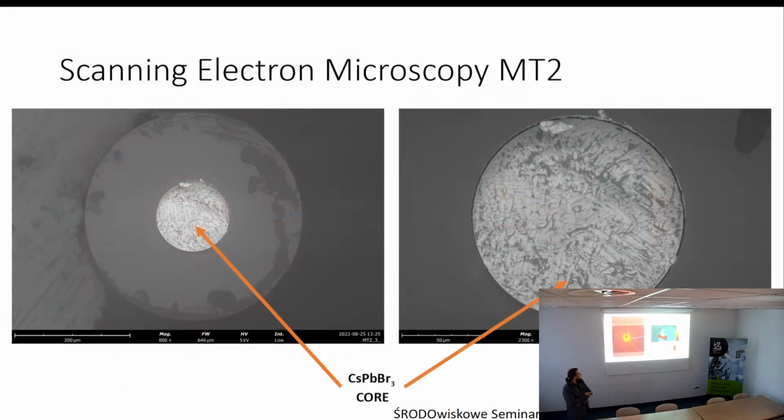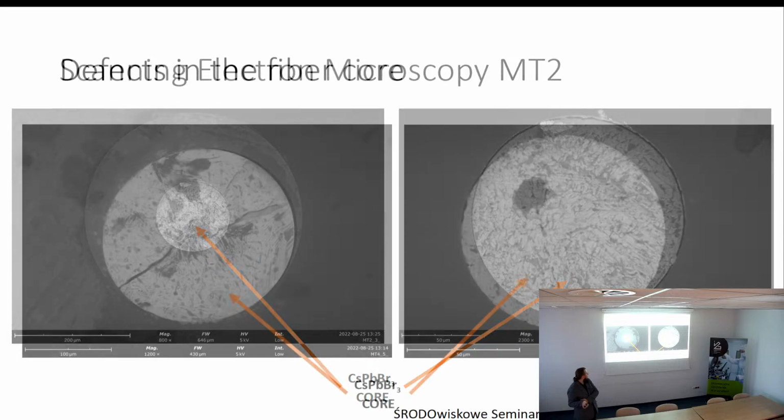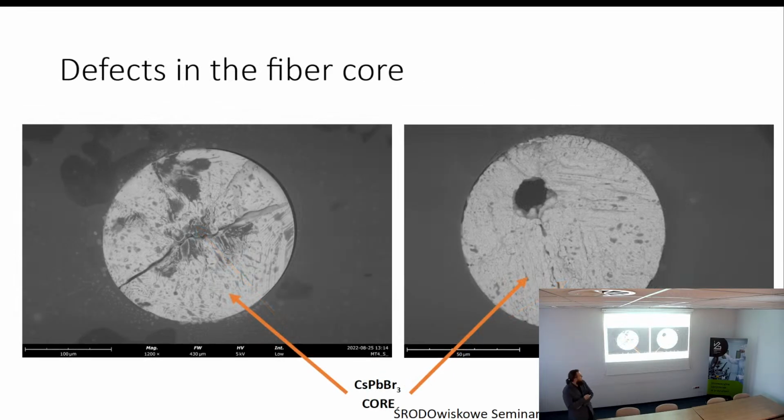We went to SEM, and we noticed that in some parts of the fiber we have cracks and holes, which are probably residuals from air that was in the powder.